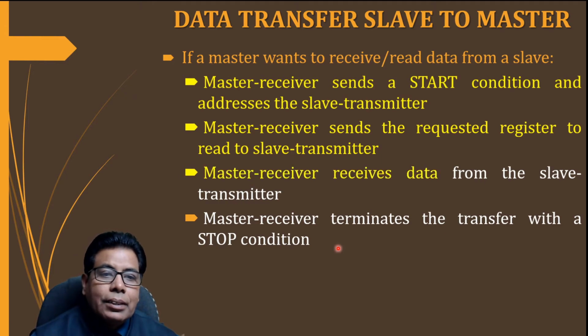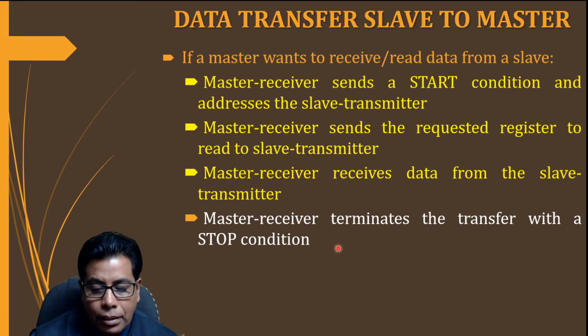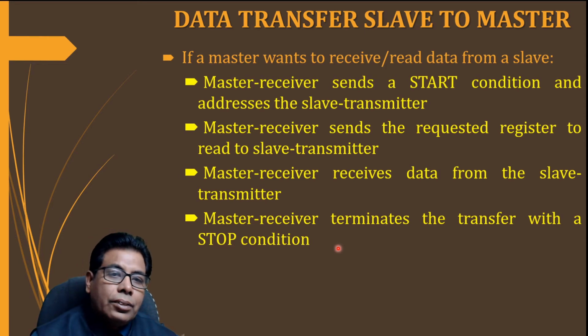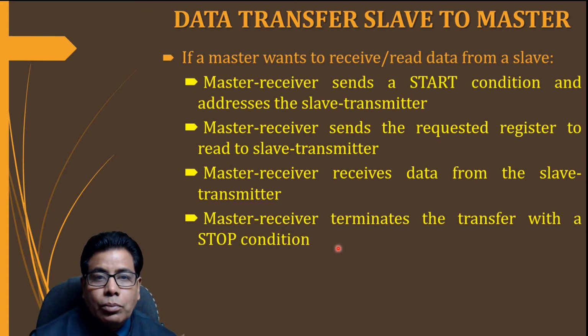Then the master receiver receives data from the slave transmitter, that means it will receive the address of the register. Then from that register the master receiver will receive the data from the slave transmitter. After that the master receiver will terminate the transfer with the stop condition. So start and stop are common. Only here the master receiver is reading the slave register.